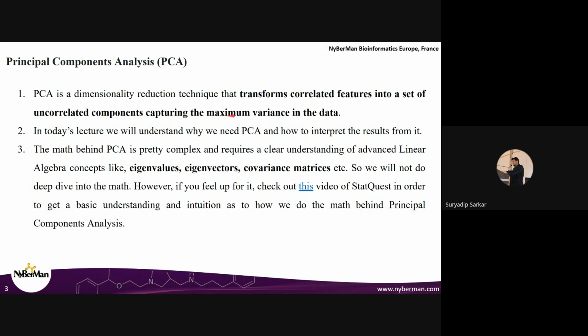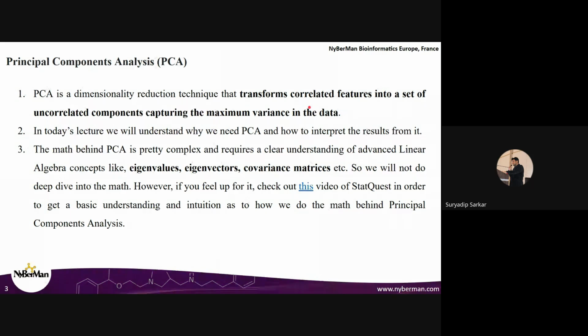It figures out all the feature correlations, and then it transforms features which have very high correlation with each other into a set of uncorrelated components. So it creates new features. PCA takes the features which are already present and creates new features known as principal components, which are nothing but a combination of correlated features.